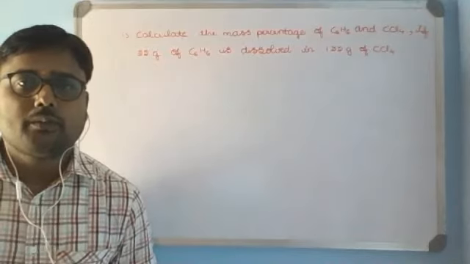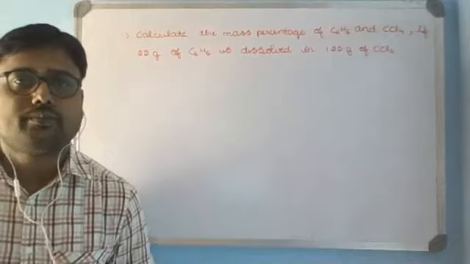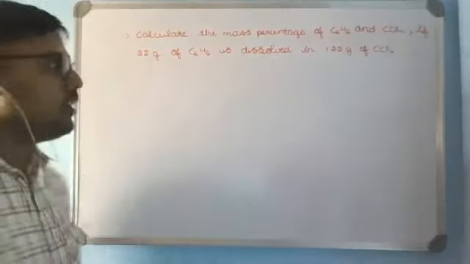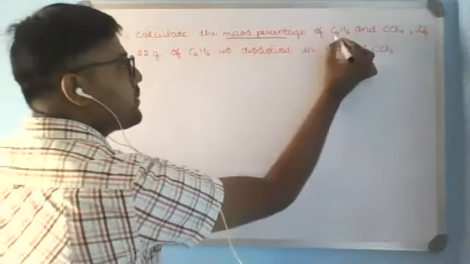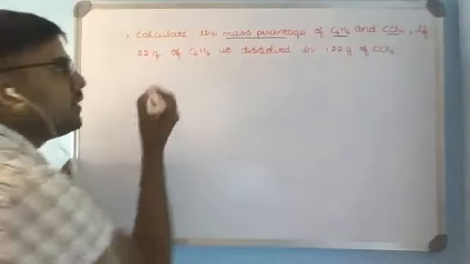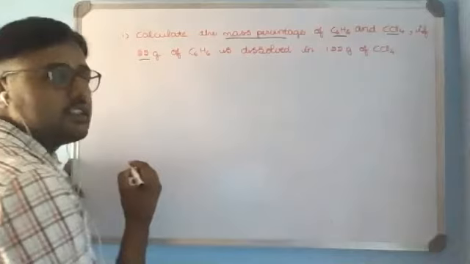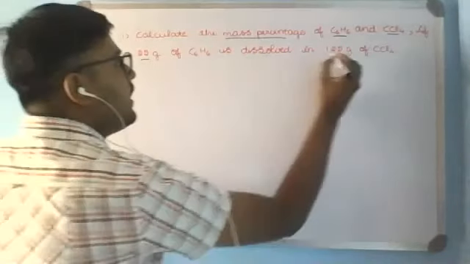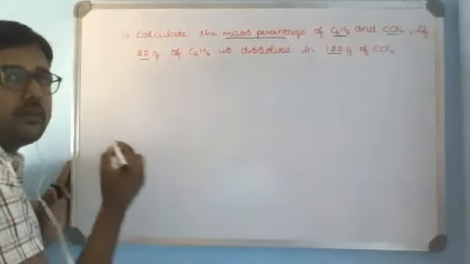Now the problem is based on expressing the concentration of solute in the solution as well as the solvent in the solution. So they are asking us to calculate the mass percentage with respect to benzene and CCl4 in the problem. So the given data is, the mass of benzene present in the solution is 22 grams and the mass of carbon tetrachloride present in the solution is 122 grams.